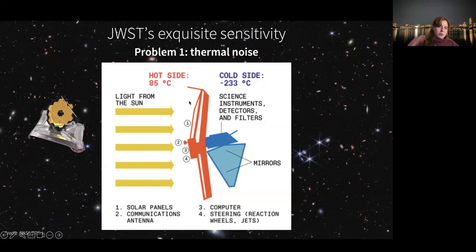When you're in space, you're basically in vacuum, but if you were just to expose your telescope to solar radiation at that distance, you could still reach up to 85 Celsius. That would be bad for your detector.